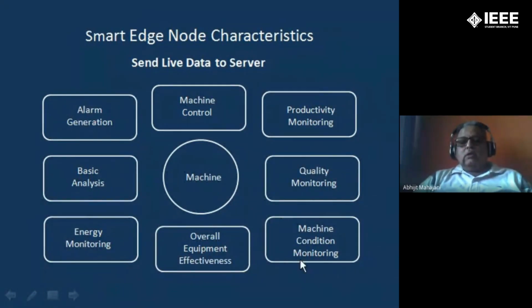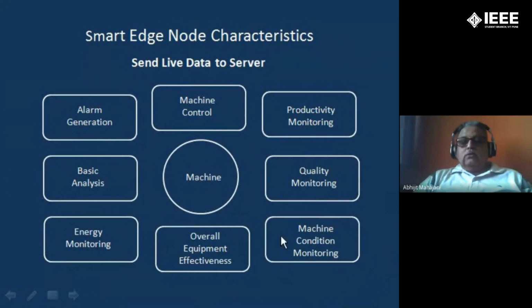So productivity monitoring, quality monitoring, and machine condition monitoring. That is the third one that is very crucial for any kind of business, because your machines can go down, your machines can start malfunctioning, and they all contribute to your productivity and quality going down. So your machine condition must be monitored all through. And for that you have sensors like pressure, temperature, vibration, all those kinds of sensors being mounted on your machine.